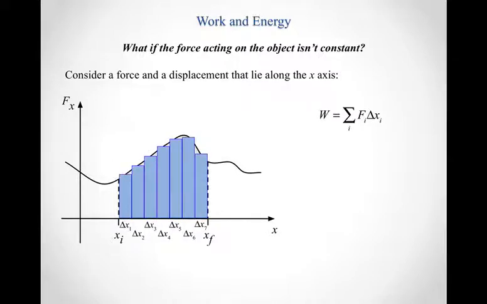If I start with a lot of discrete segments like this, that's going to be an approximation. But of course, as I make my segments smaller and smaller, in the limit that these sections become thinner and thinner, I get closer and closer to where the work I'm calculating over each section represents the work that was actually done over that tiny interval.